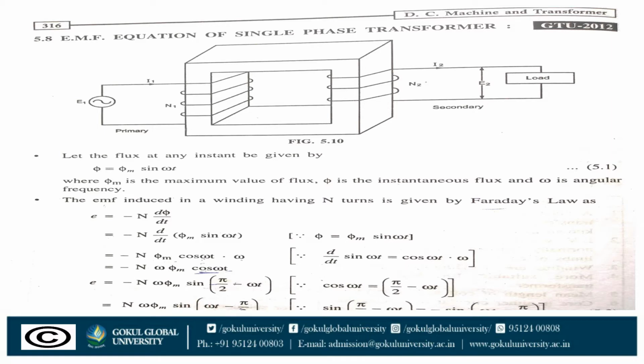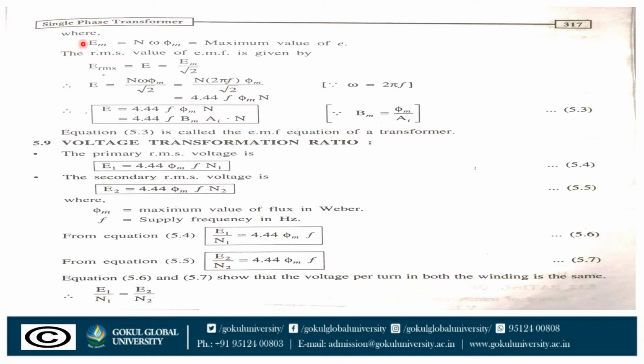So the equation becomes E equals Em sin of omega t minus pi by 2, where Em equals n omega phi m, and Em is the maximum value of the induced EMF.